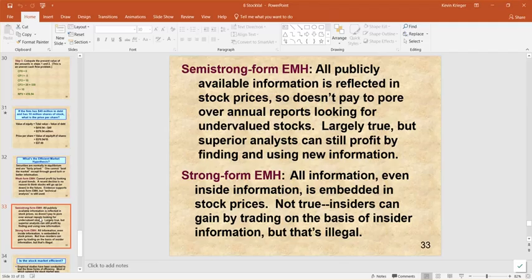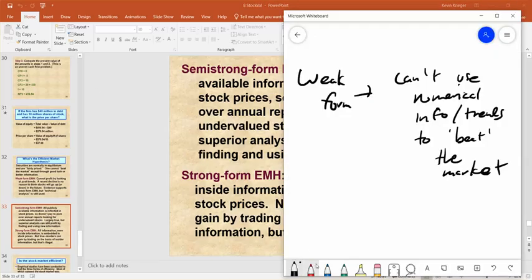So at any time that there's any information out there about a stock, whether it's about leadership and management, whether it's about revenues, whether it's about prices of the stock and how it traded recently, that's more tied to just the weak form.